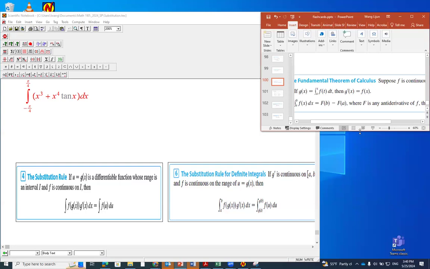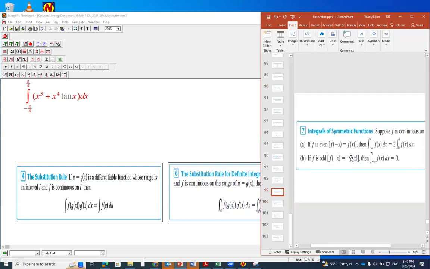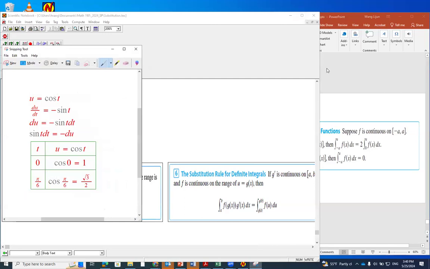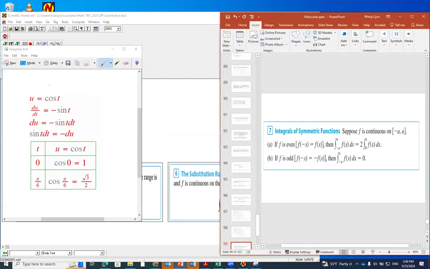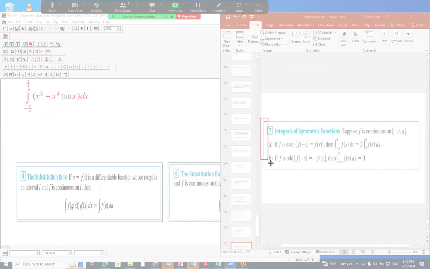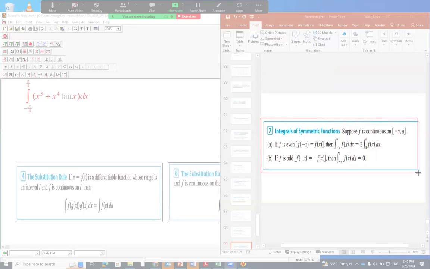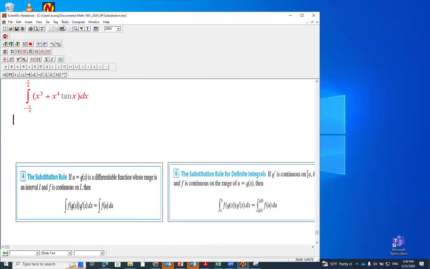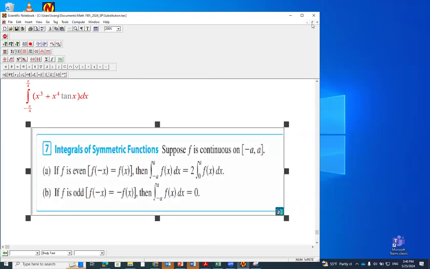One of the properties is, you probably don't see it on your screen, but that's okay, I will show it to you. This property is the integral of symmetric functions. So you go through your flashcard. This is the property.